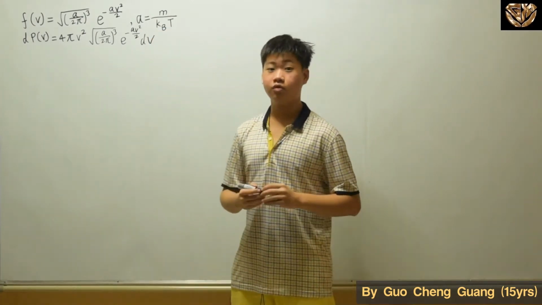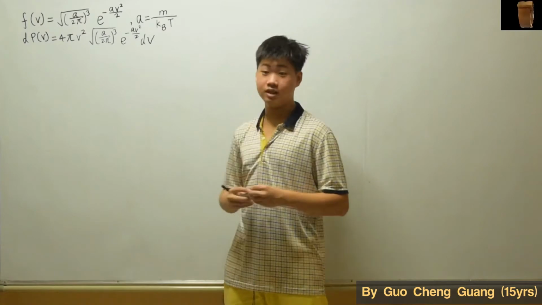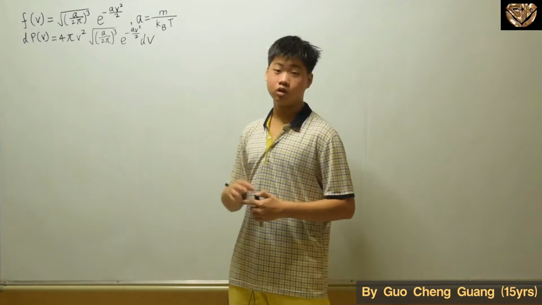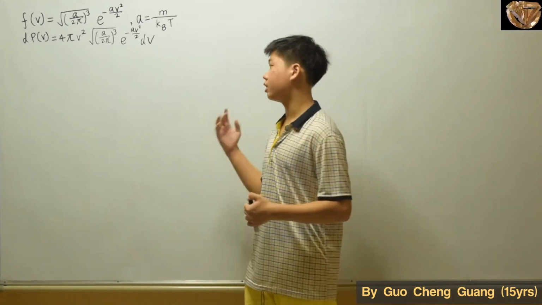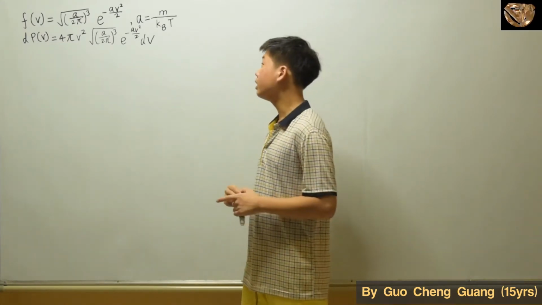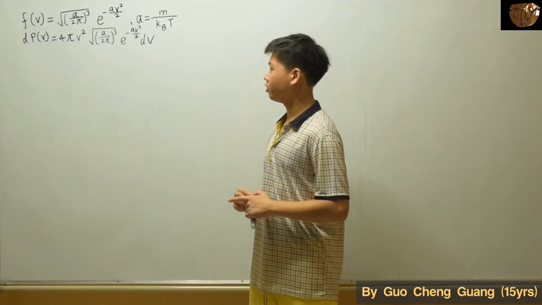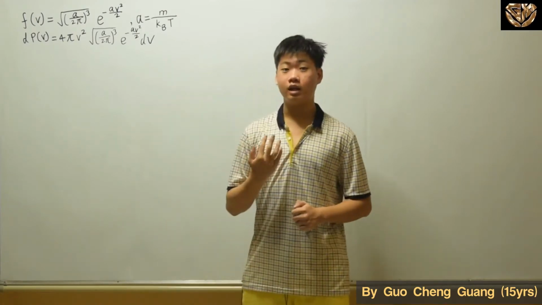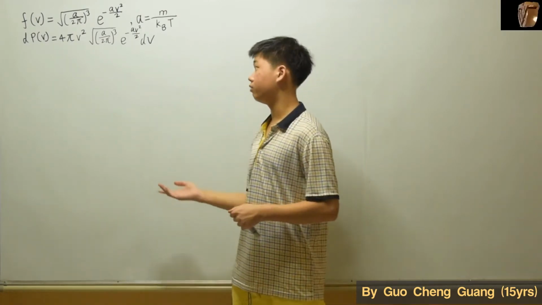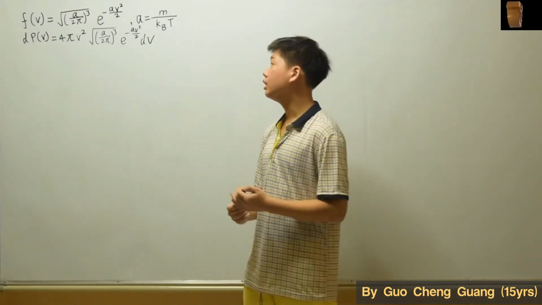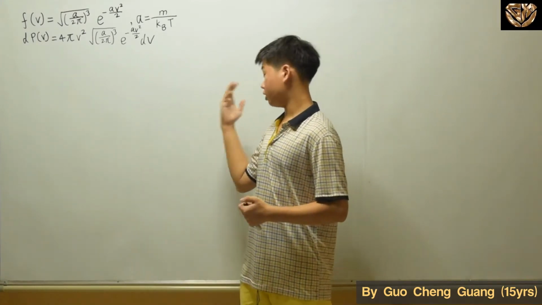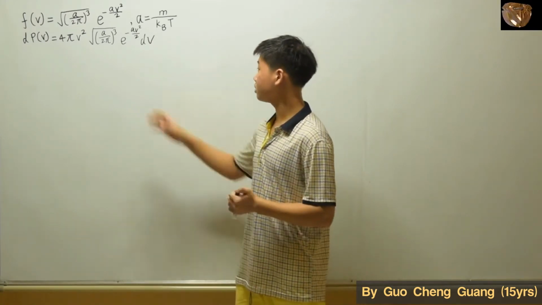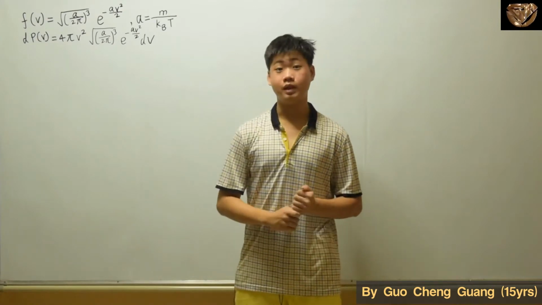If you have no idea how 4 pi v squared came about, 4 pi v squared is just the surface area of your sphere, or you can also think of it as a shell. You might be confused: V is a velocity. Here you're just taking it like your x, y, and z in Cartesian, which you can also think of as your radius. So this is what we are going to see for a probability.